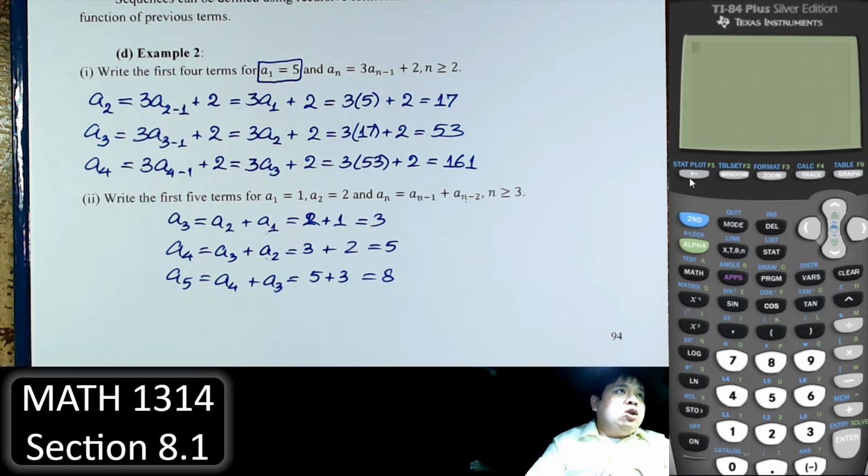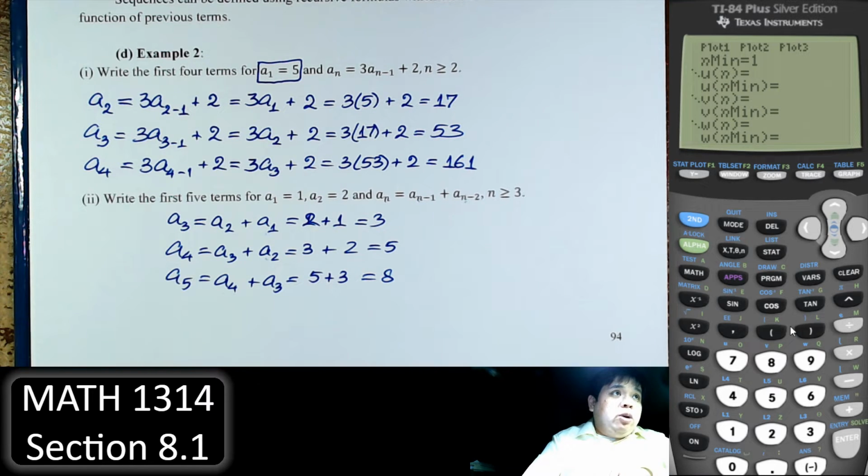Right. So how do we enter that in? We'll try again. Right, so we have u of n minus 1 plus u of n minus 2.